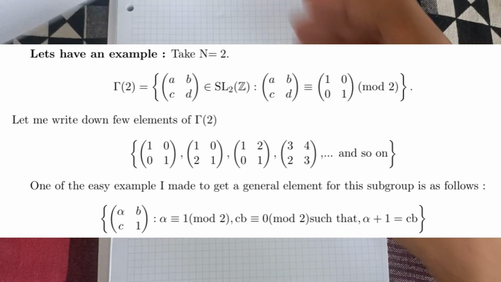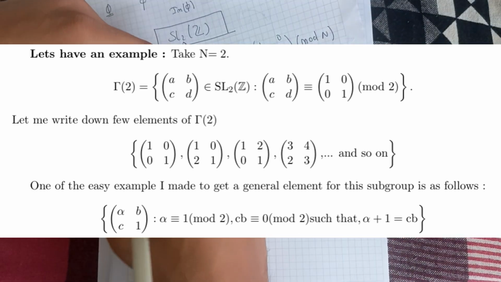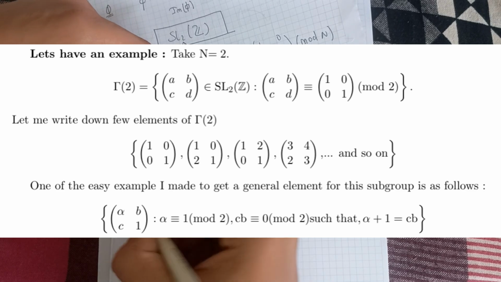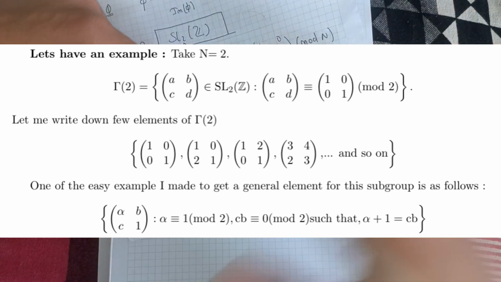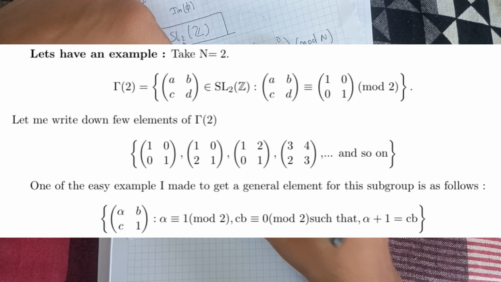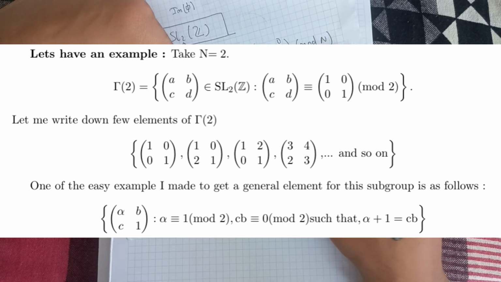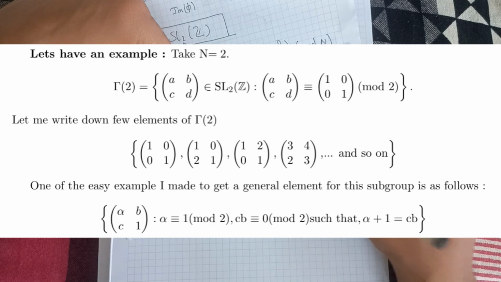Say we have n to be 2, then the elements of the gamma 2 group look like a collection of these elements: 1 0 0 1 and so on, and 3 4 2 3, like this and so on.